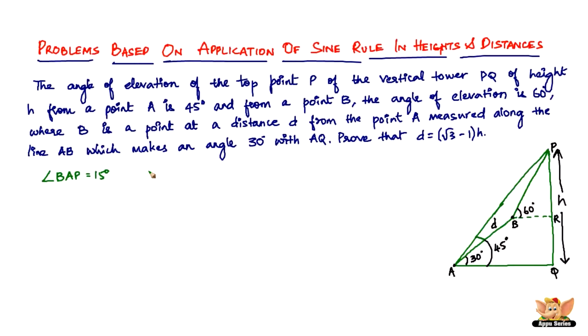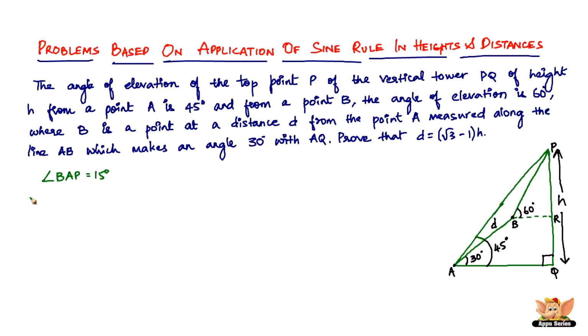Now, let us consider the triangle AQP, which is a right angle triangle. As you can see, this is 90 degrees here. Right. So, if this is 90 and this is 45, this should definitely be 45, right?